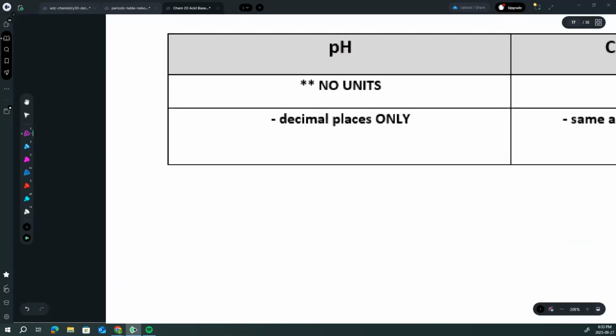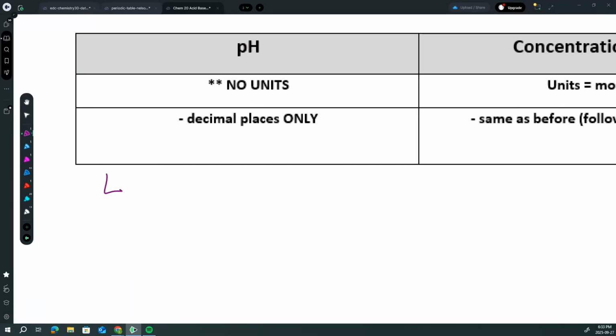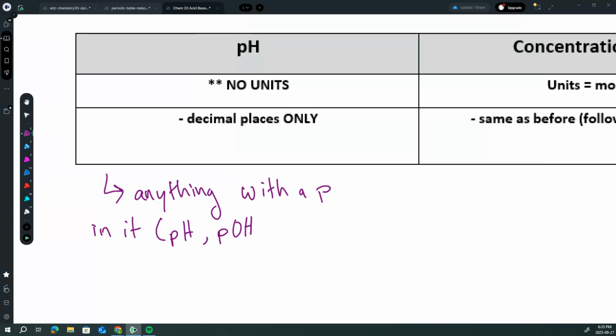But let's write out what I said earlier, because it's not just going to cover pH, but also pOH. So anything with a P in it, so pH or pOH, where pH is the power of hydrogen and pOH is the power of hydroxide, has sigdigs after the point.